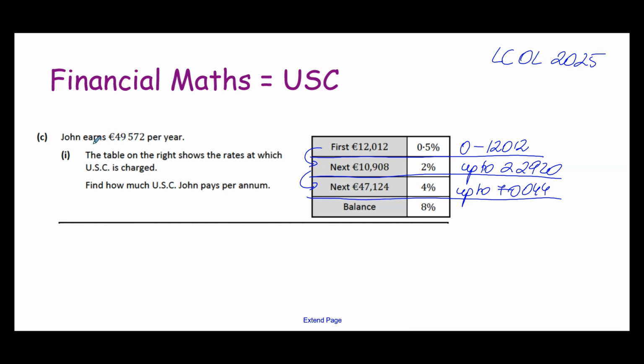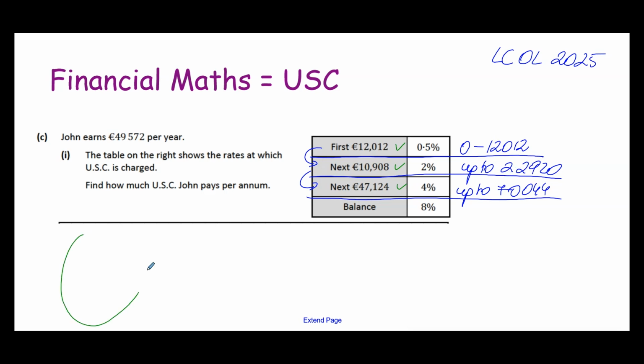So John earns 49,572. That means he is in the first bracket because he earns between 0 and 12,000. Then he is in the next bracket because the next bracket will reach up to 22,000. So he is there. And then he will have some left over in the last one because he is more than 22,000.